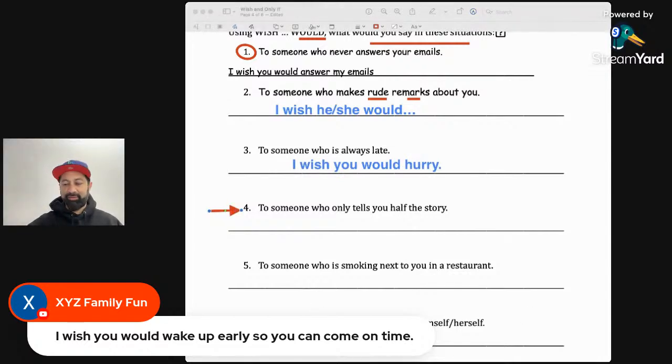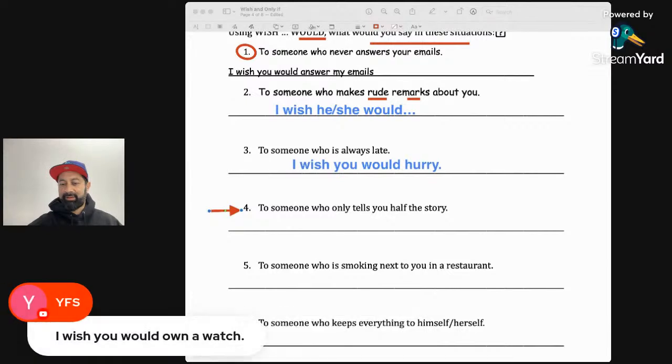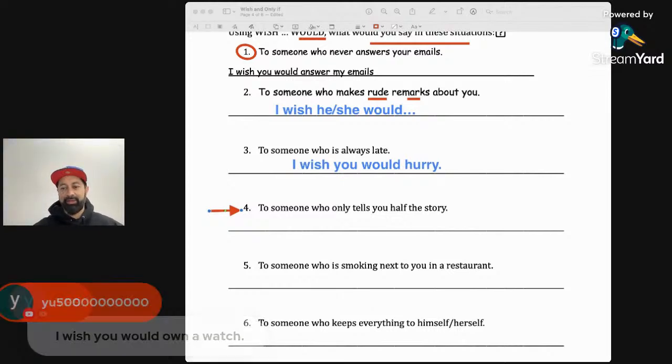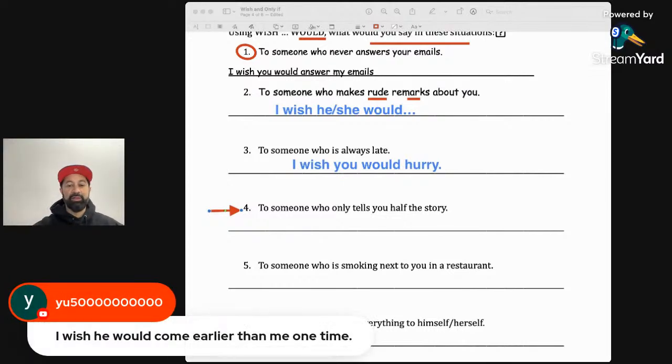Okay, we have some answers for number 3 here. "I wish you would own a watch." Okay. "I wish you would buy a watch." Not "own," but "buy" would be a better verb. "I wish you would come earlier than me one time."